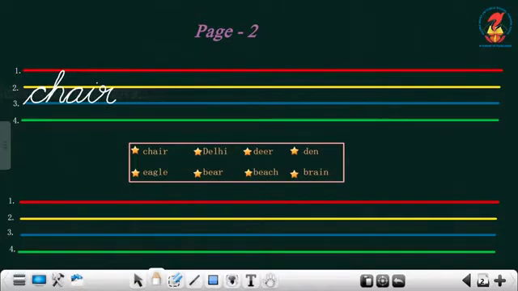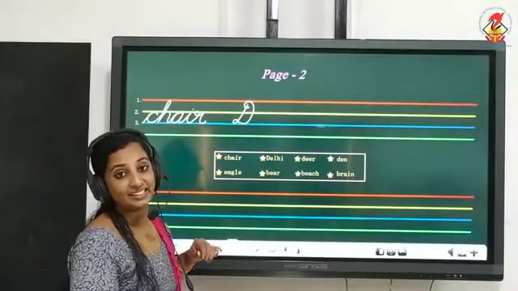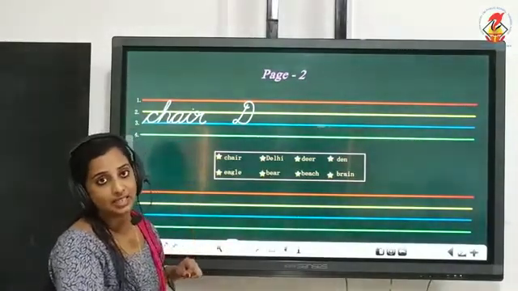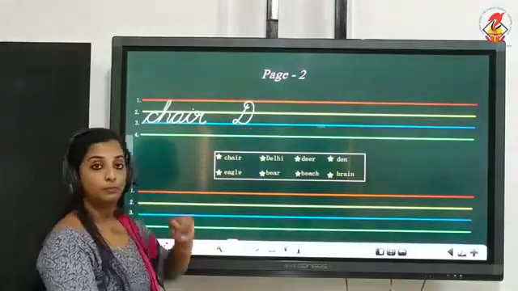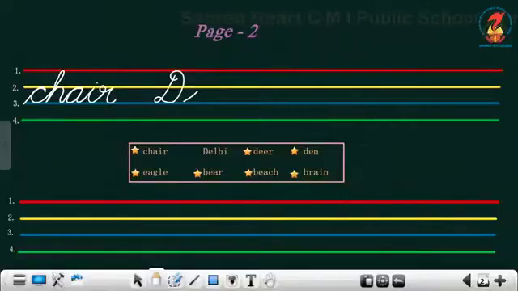Starting from below the 1st line, come down to the blue, make a loop, go up and there is your D. And again, the next letter in the word Delhi is E. So we are starting E from the blue line. E, L touching the red line, coming back to the blue line, again touching the red line, coming to the blue, H, I, Delhi.